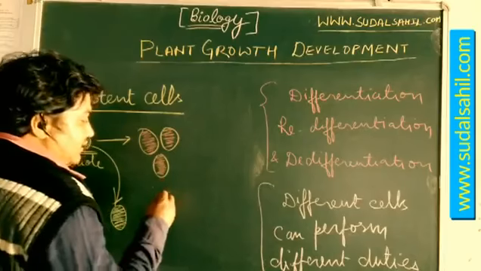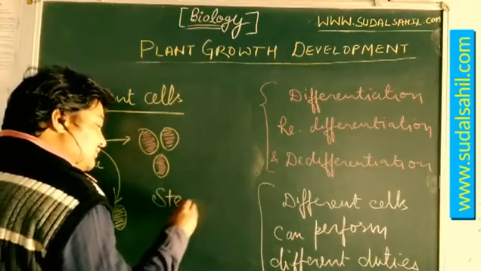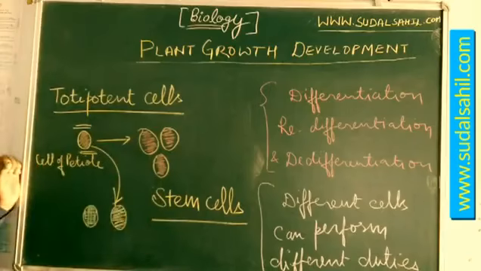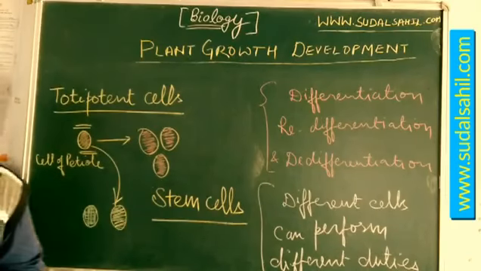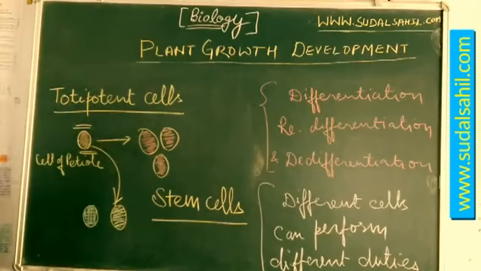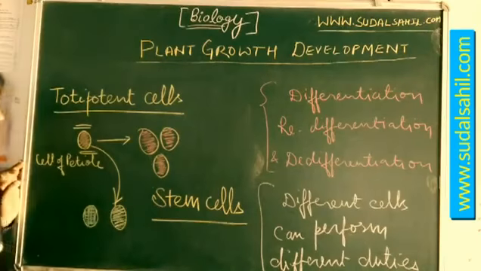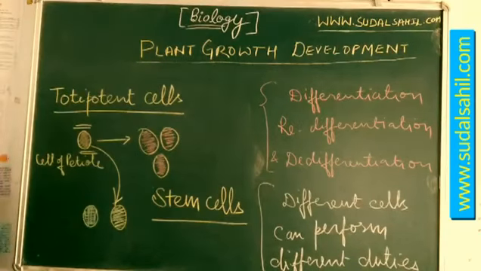Actually, in animals, such cells are called stem cells. Nowadays there is a very famous therapy, stem cell therapy, in which cells from the placenta are taken and preserved and can be used to grow desired cells anytime we need them, or when we need to implant, like in bone marrow transplant.